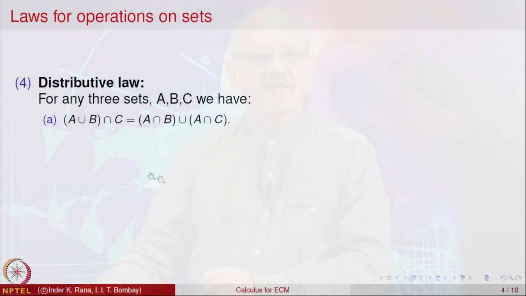Here is a distributive property which is something similar to distribution of product over sum in the numbers. So, let us look at that. For any three sets A, B and C, if you take union of the sets A and B, and take intersection of that with C, then it is same as first taking intersection of A with C and then taking intersection of B and C and putting them together in union.